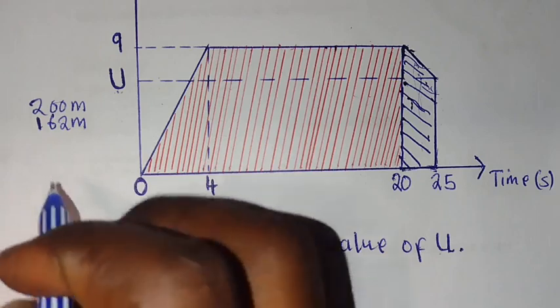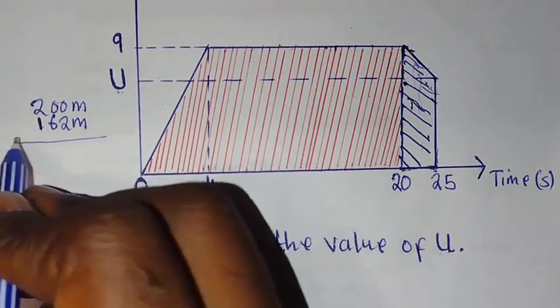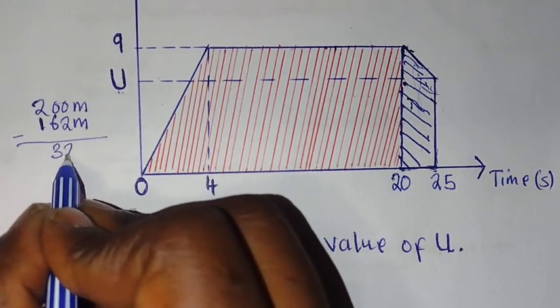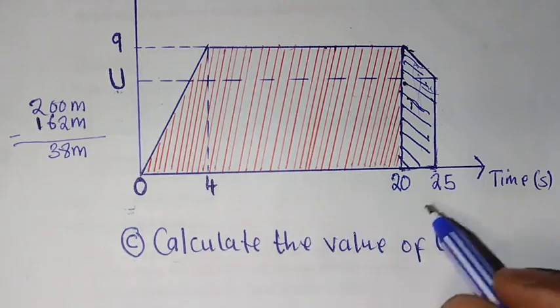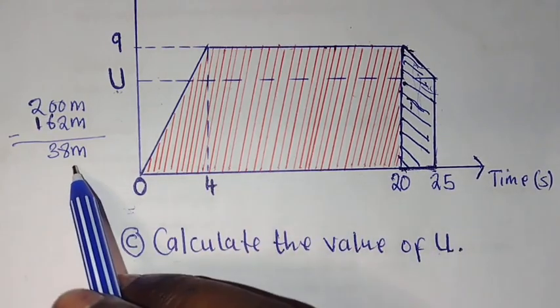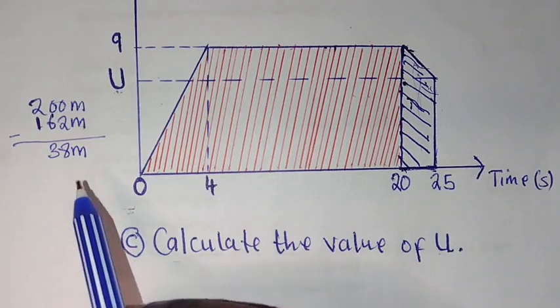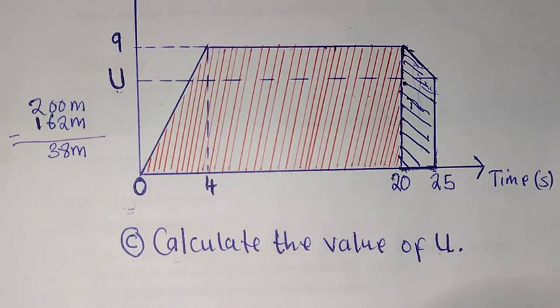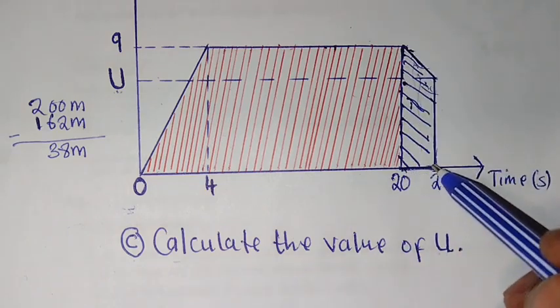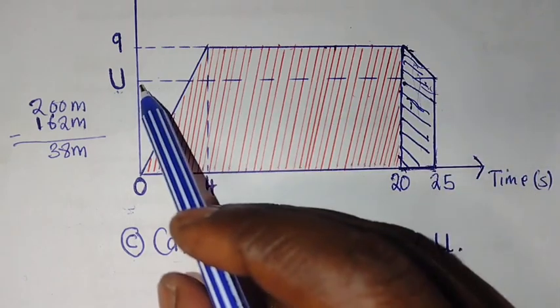So let us subtract. 200 minus 162 gives us 38 meters. So the distance in the last 5 seconds was 38 meters. Now we are going to use the formula for finding the distance under this graph, so that we can find the value of u.